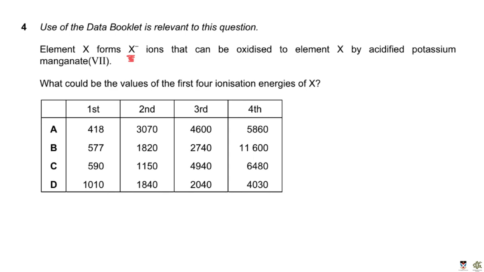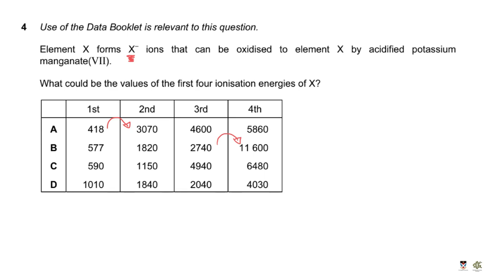If we look at option A, they give us consecutive ionization energies, and we can see there's a big jump as we go from the first to the second ionization energy. What does that tell us? It indicates that element A is in group 1 of the periodic table. For option B, we can see the significant jump is from the third to the fourth ionization energy.